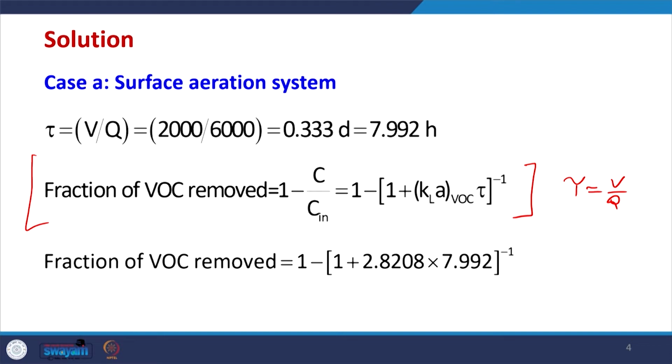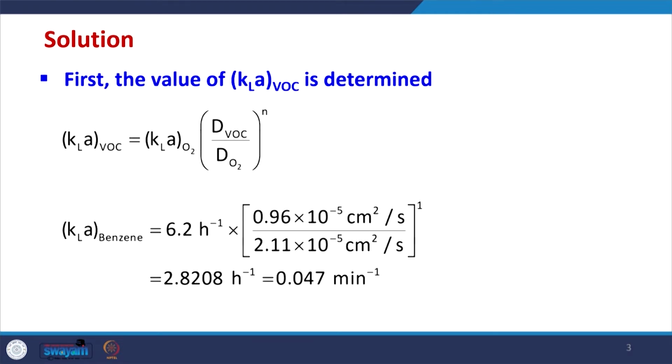Now, for finding out the KLa, we use the equation that we did earlier, and since all the values are known for diffusivity, the overall mass transfer coefficient of oxygen in water is given. This is 6.2 per hour and these diffusivity values are already given.